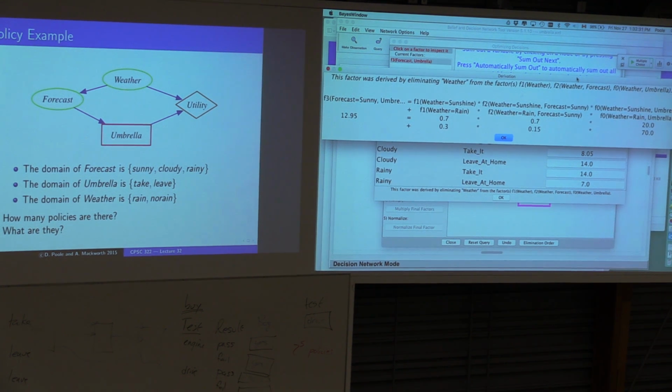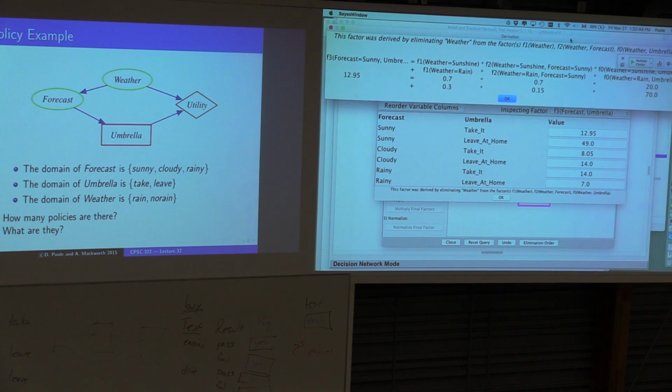It cuts off umbrella for both of them. It multiplies these three numbers. So it looks at both the cases of weather as sunshine and weather as rain. And here it's looking at the case where the forecast is sunny and the umbrella is take it. So that's how it gets to 12.95. It's just what we've done before all the time.